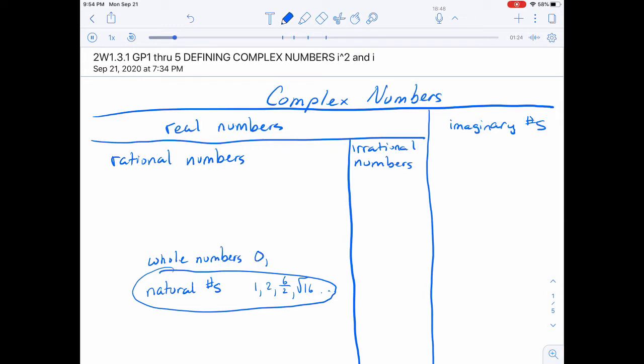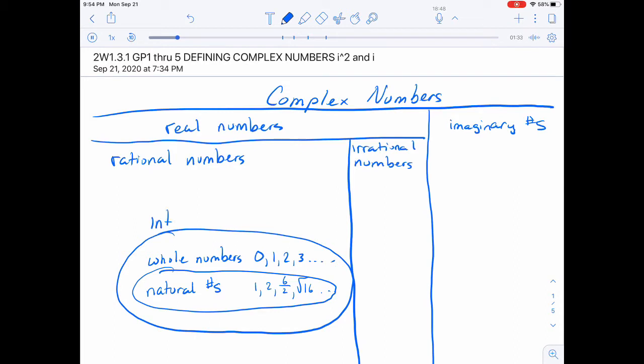So it would be 0, 1, 2, 3, and so on. Integers contain the set of whole numbers with the addition of negative numbers. So like -5, -4, -3, -2.